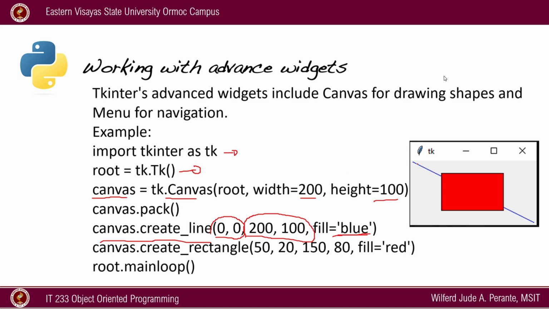Okay, so that's why you have here 0, 0 going up to here, a diagonal line.